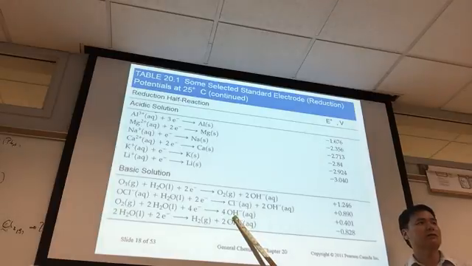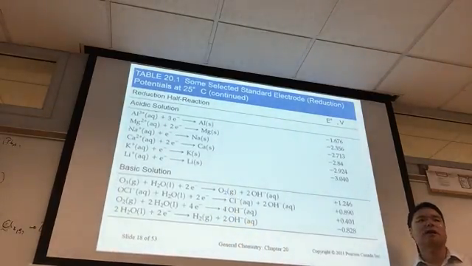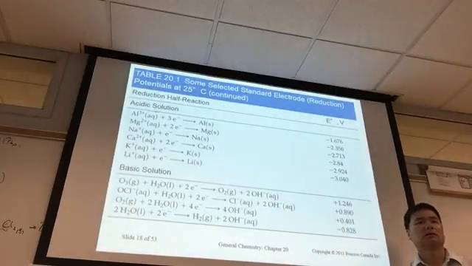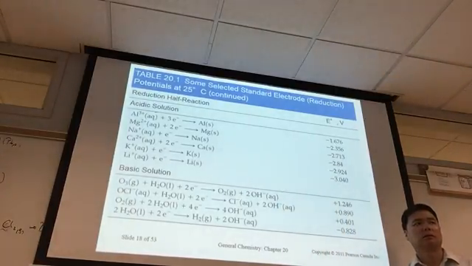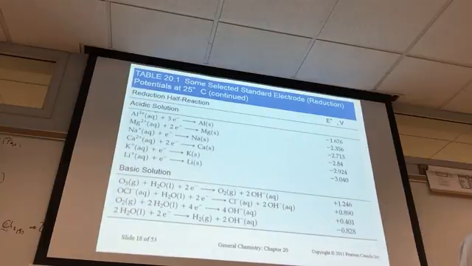It's a huge difference. And so that means oxygen is a much more powerful oxidizer in acid solution than in base. Why?